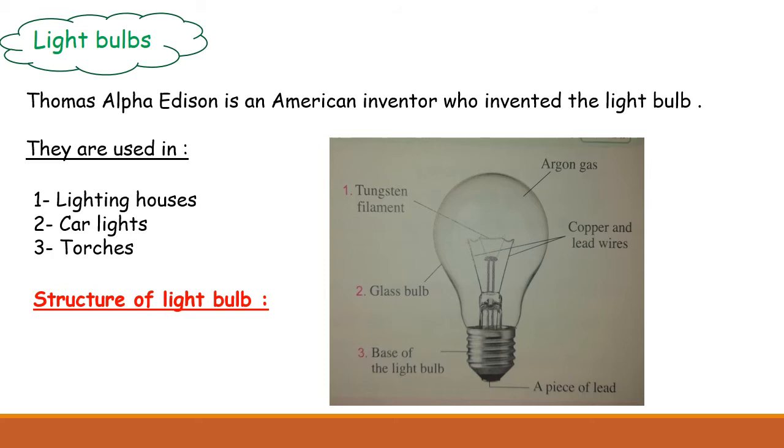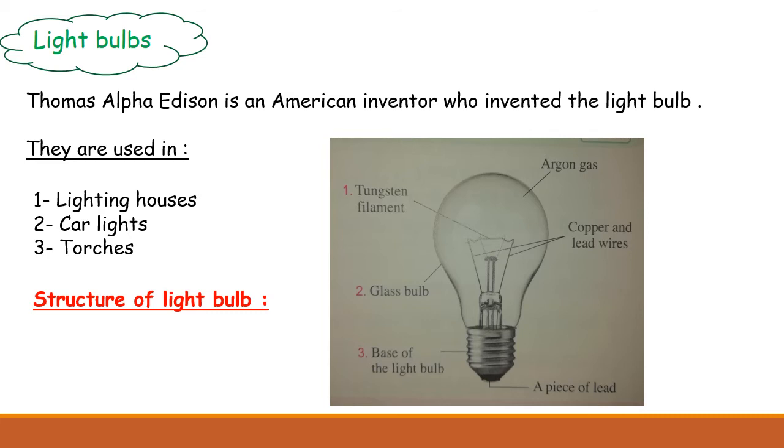What's the filament? Filament is a very thin coil made up of metal. In the light bulb, this metal is called tungsten. We didn't use iron, we didn't use coal, we didn't use lead. We use tungsten, and there is a reason for using the tungsten.